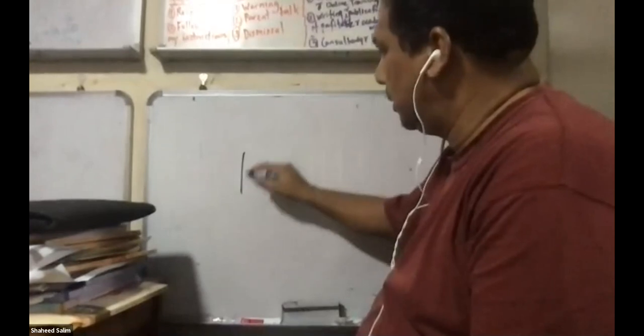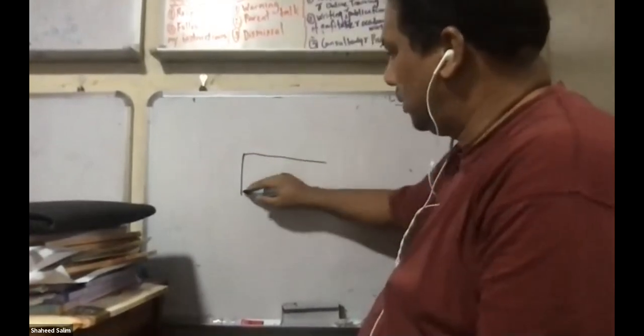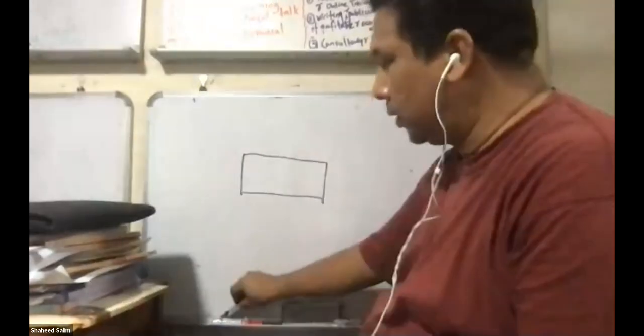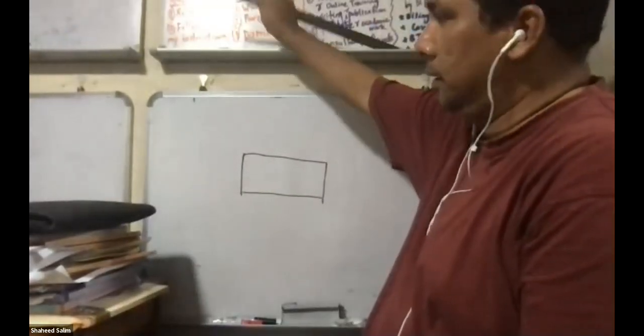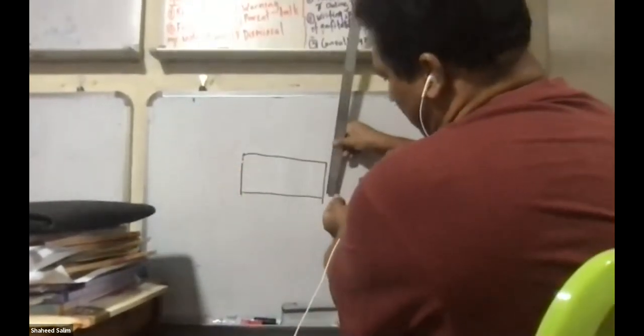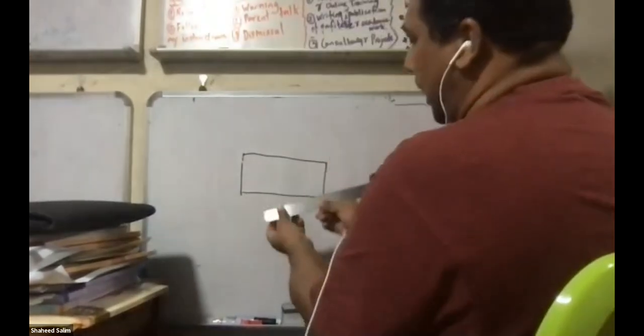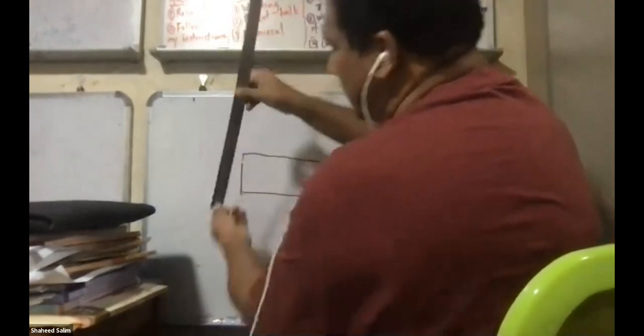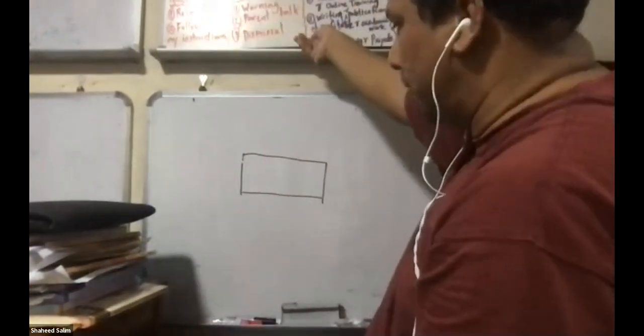This down here on the outside is the perimeter. What is the perimeter? You can measure the perimeter. This is 23 cm plus 10 cm plus 23 cm plus 10 cm. That is the perimeter.